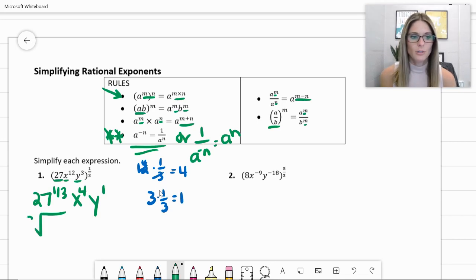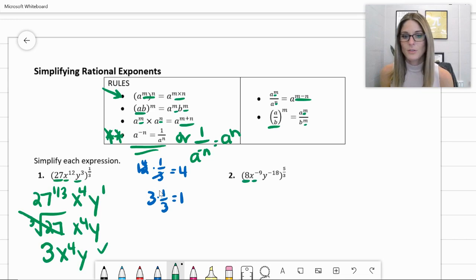We have a cube root of 27 to the first, x to the fourth, and a y to the first. Now, at the beginning of the notes, we reviewed our perfect cubes. So if you take a cube root of 27, what number was multiplied together 3 times to make 27? 3. The cube root of 27 is 3, and we have x to the fourth, y. Final answer.